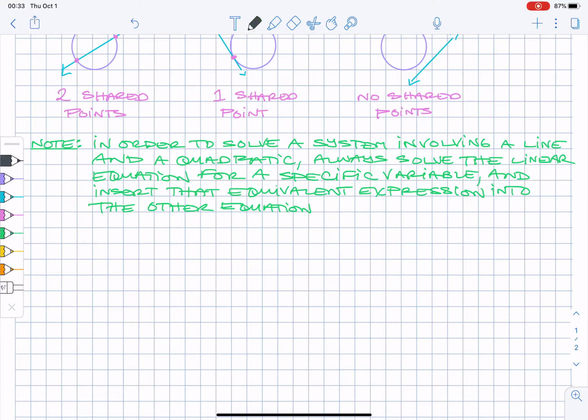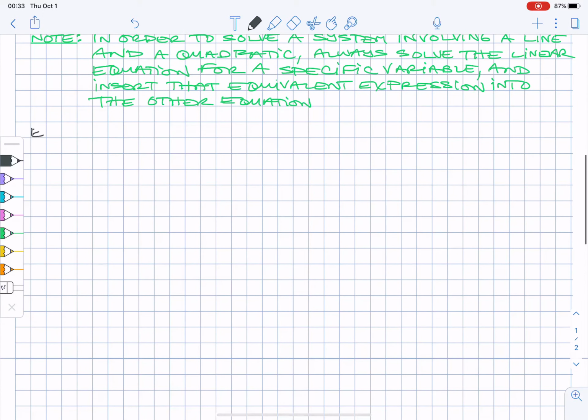Okay, so for example, let's solve the following nonlinear systems by substitution.